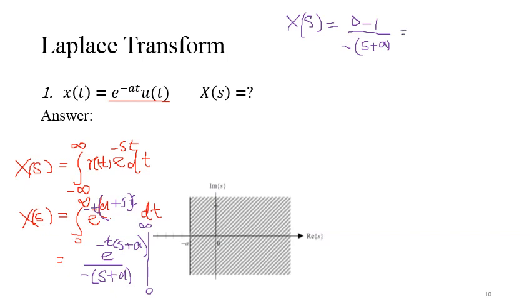This minus cancels with this one, so this is equal to 1 over s plus a, right?